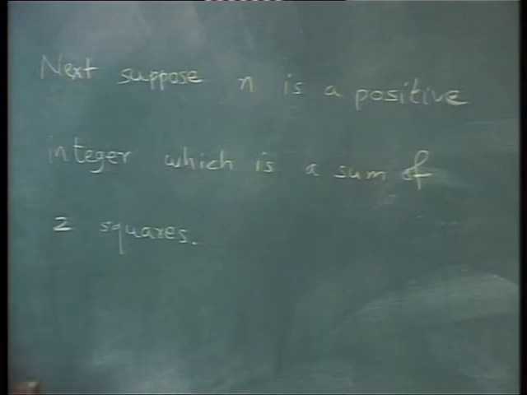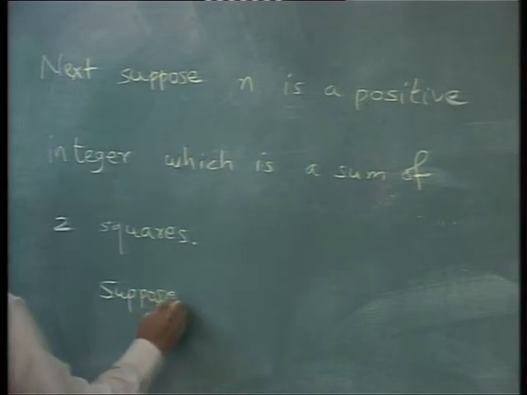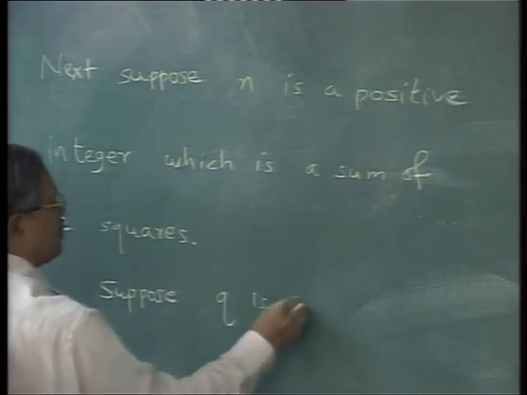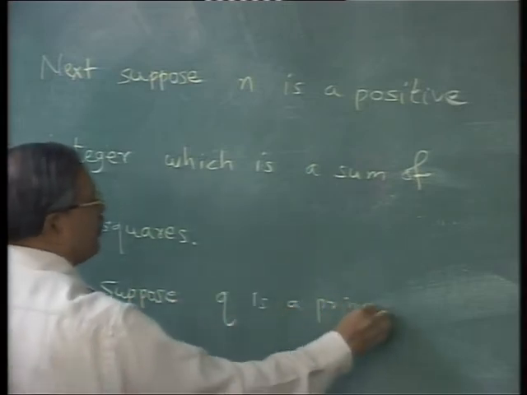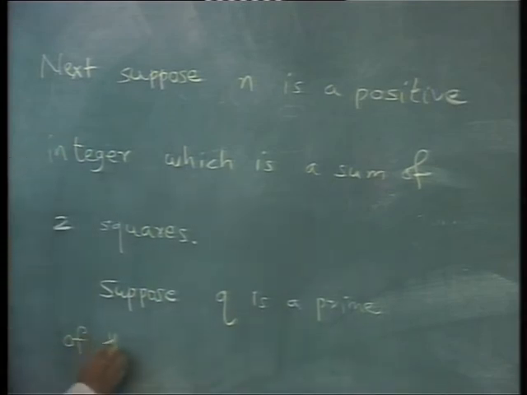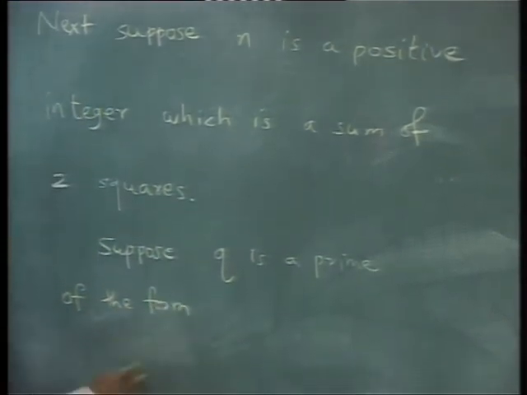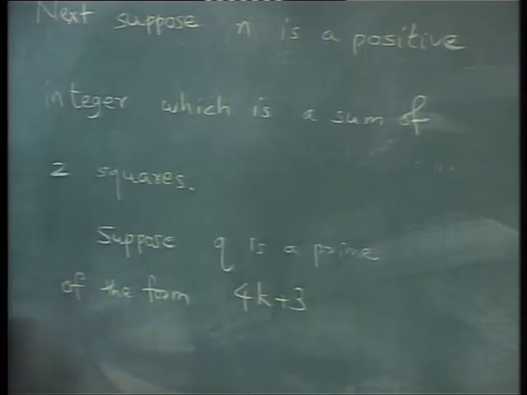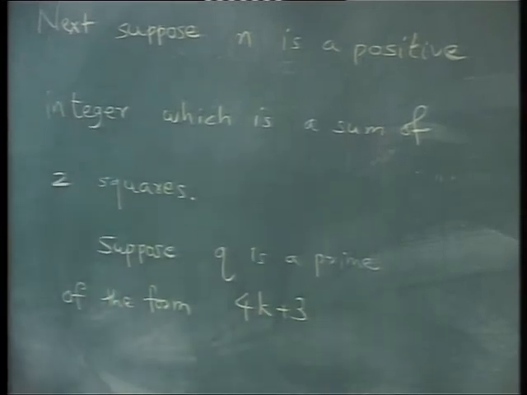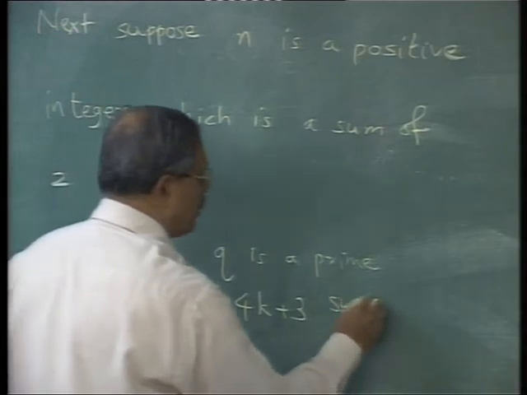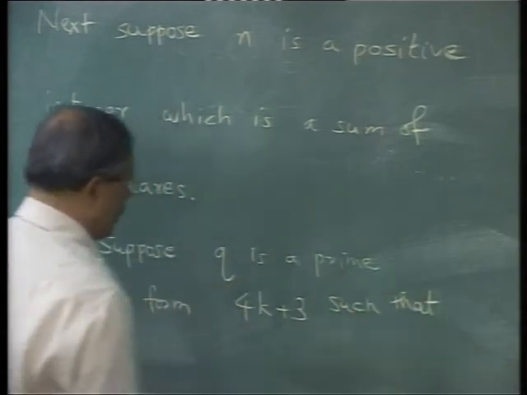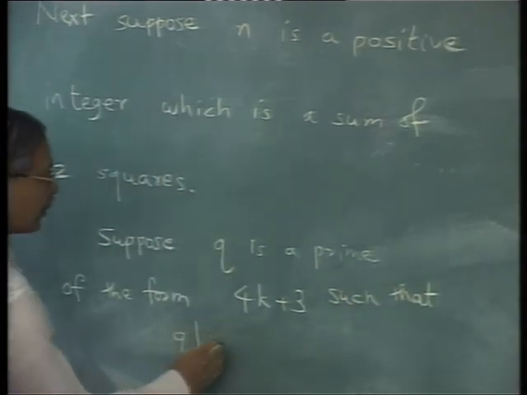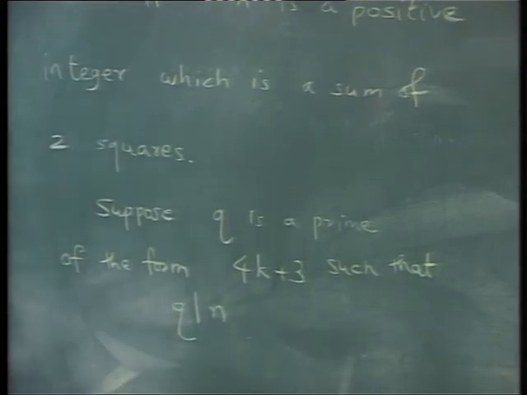Suppose q is a prime of the form 4k plus 3, that is, q is congruent to 3 mod 4, such that q is a factor of n, q divides n.